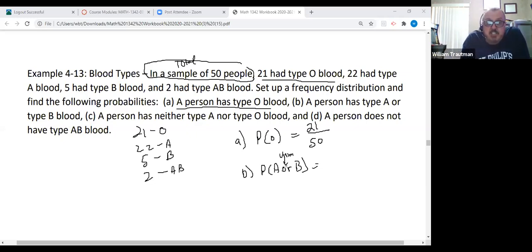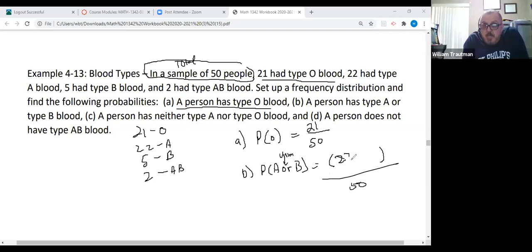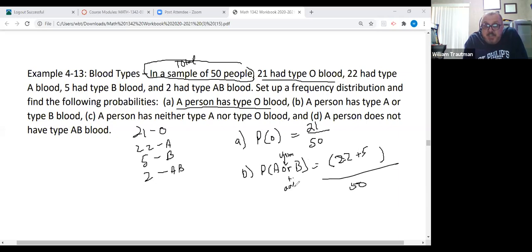How many A's are there? 22. And how many B's are there? 5. So with or, we're adding them together. 22 plus 5 is 27 out of 50 have type A or type B.